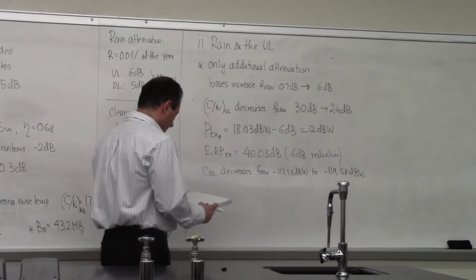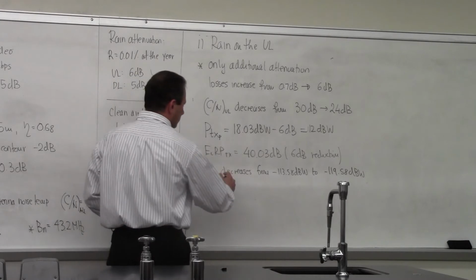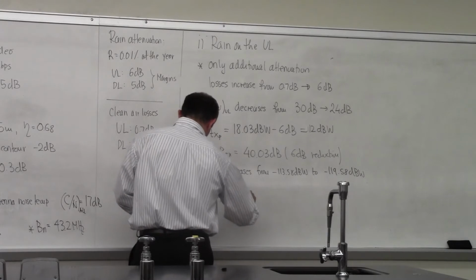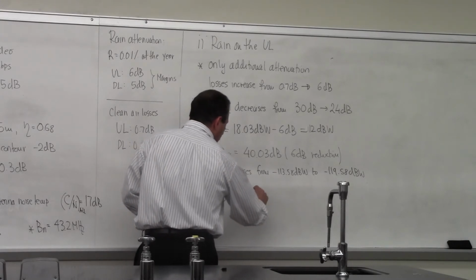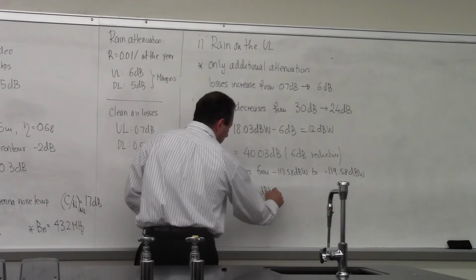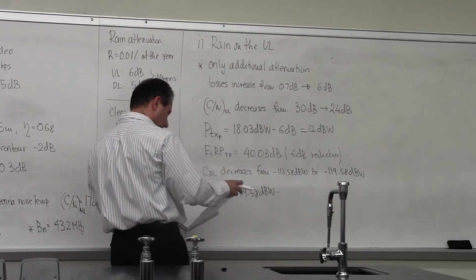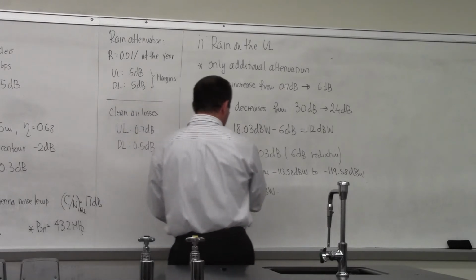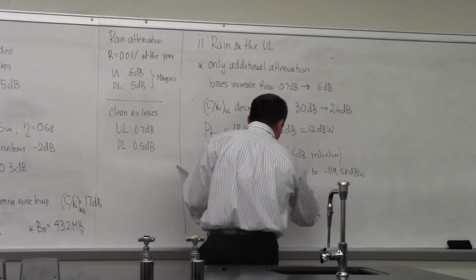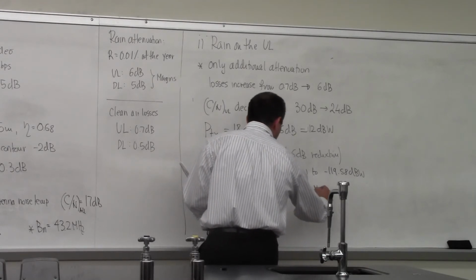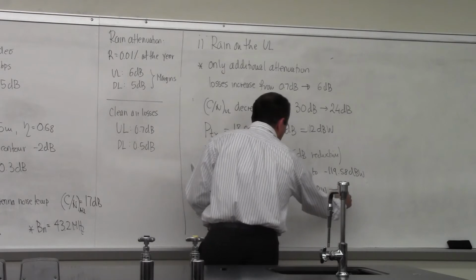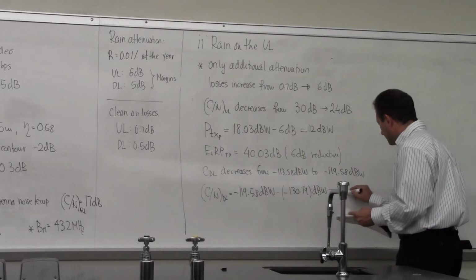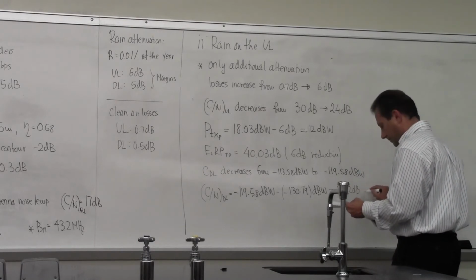Right? And then looking at your C to N on the downlink only, it becomes minus 119.58 dB watt minus the noise power, which we calculated to be minus 130.79 dB watt. So this is 11.22 dB.